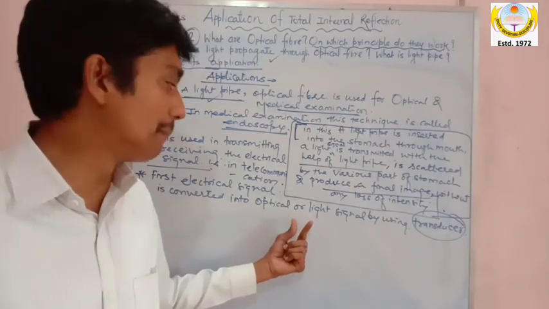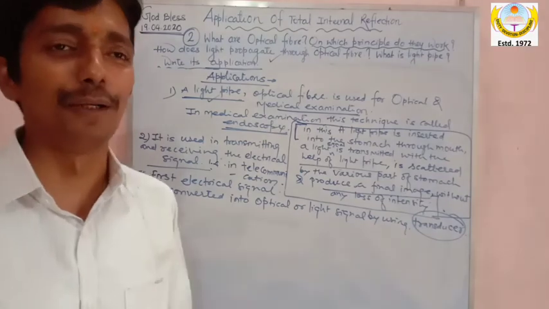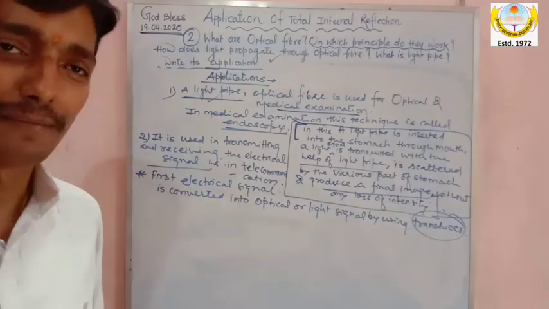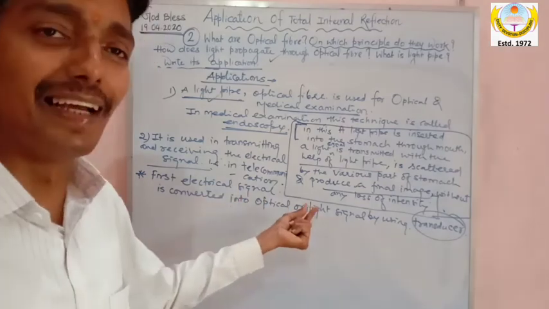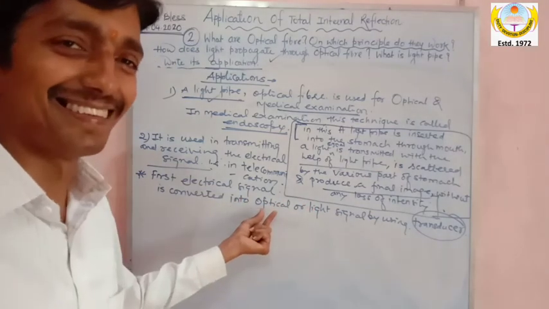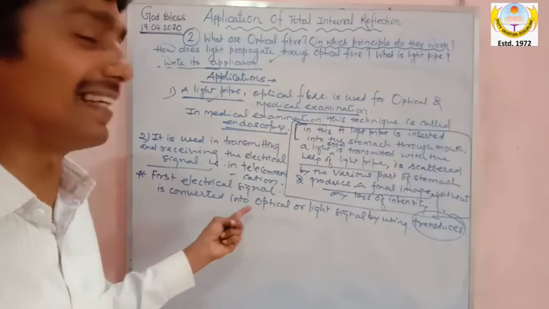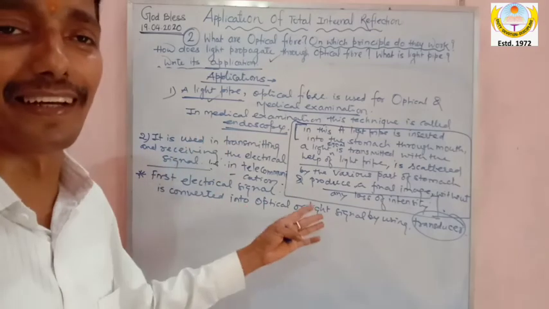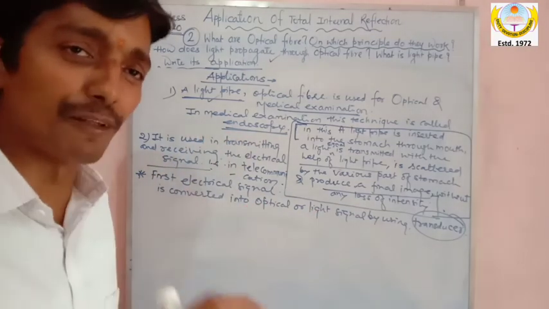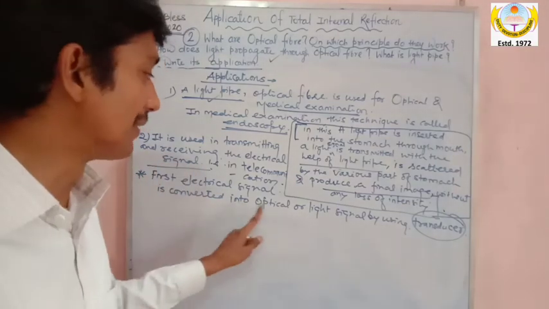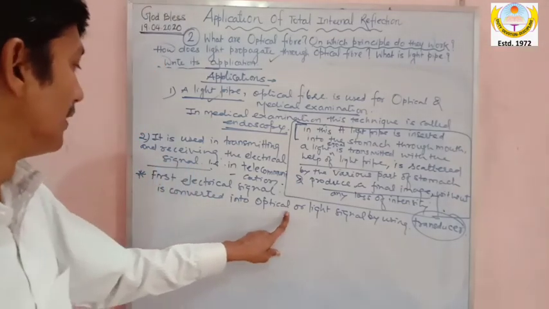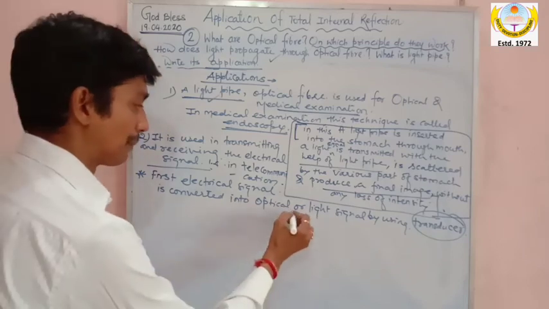And now when it becomes a light signal, I can use the optical fiber to transmit. So ultimately the electrical signal is indirectly transferred from one end to the other end. Therefore first you convert the electrical signal into an optical signal. The electrical signal is converted into an optical or light signal.